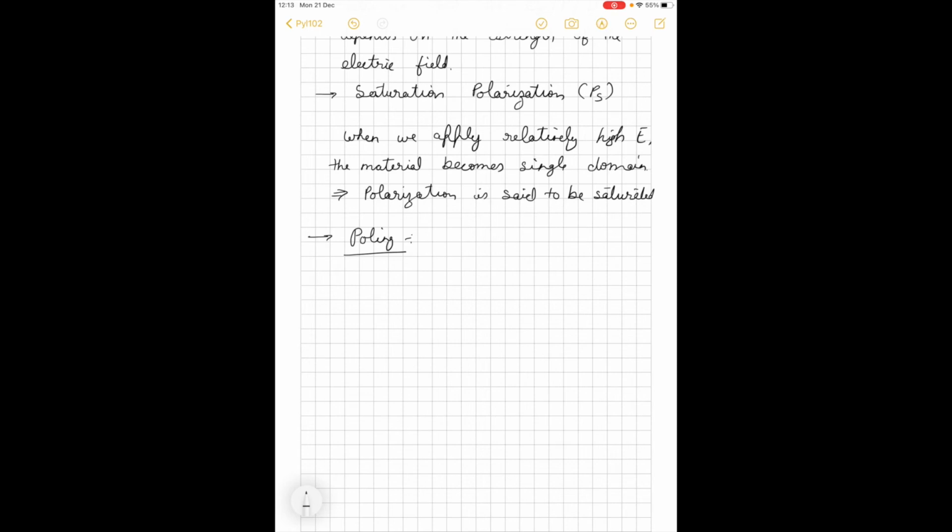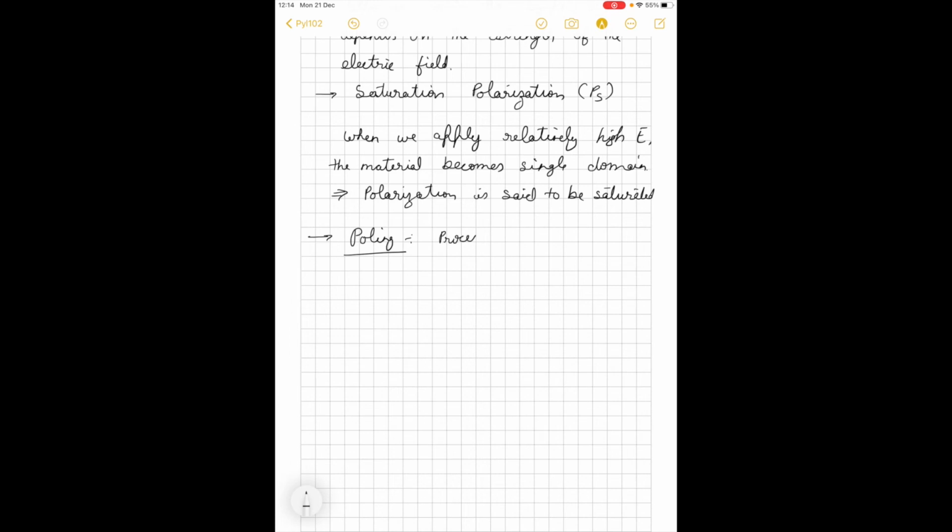In a ferroelectric material, if we have a substantially large amount of ferroelectric domains aligned with the applied electric field, that is what is called a poled ferroelectric, meaning we have a substantial amount of aligned dipoles or polarization in one direction. The process of applying an electric field such that we have a substantial fraction of domains aligned is called poling.